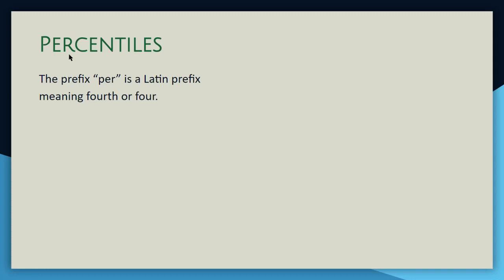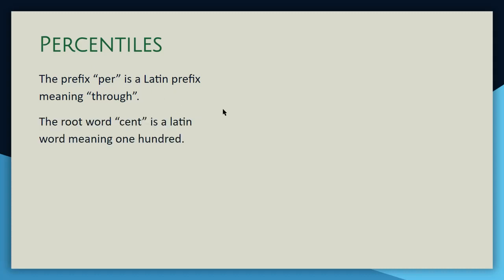That prefix per is the Latin prefix meaning through, and then cent, right in the middle of that word, is a Latin root word meaning 100.